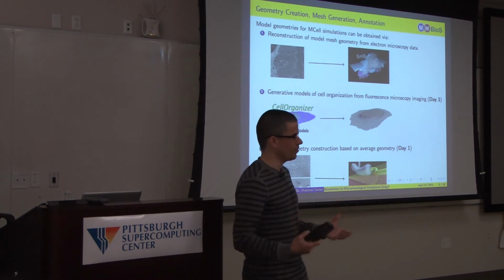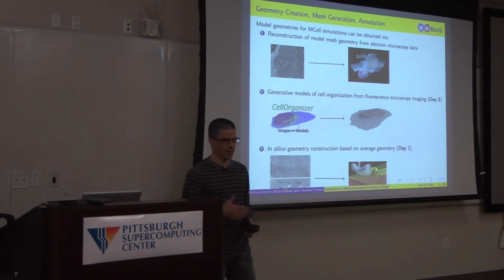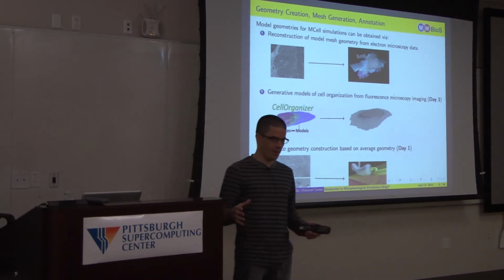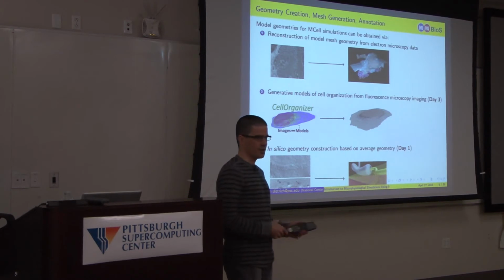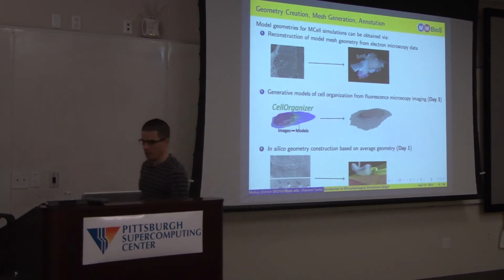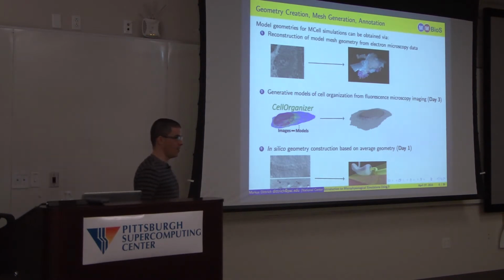Does that reproduce the experimental data that I have? No, it doesn't. So maybe that's not where they are. Maybe they're confined somewhere, or maybe they're localized, or maybe they diffuse slower in this region. So this may in fact be a question that you have for the model: where's my receptor located, and how does it behave, so that I can reproduce the experimental data that I have. So it's quite possible.